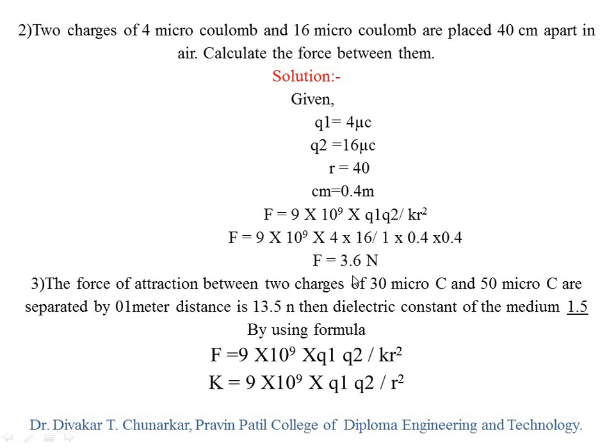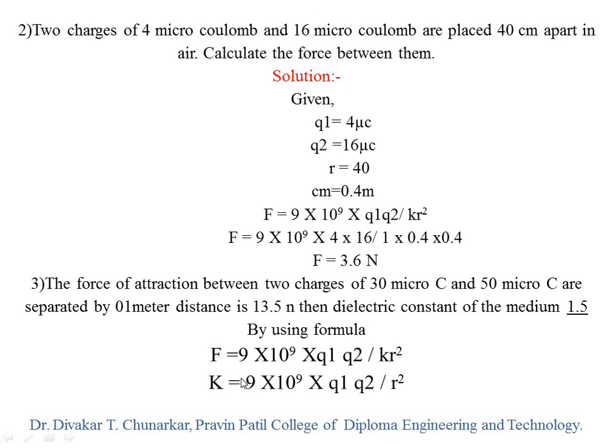In this numerical problem, we have to use this formula: F equal to 9 into 10 to the power 9 into Q1 Q2 upon K R square. And we can modify this formula for K. In this numerical problem, we have to calculate the value of K, the dielectric constant, and therefore we modify the formula in this way.